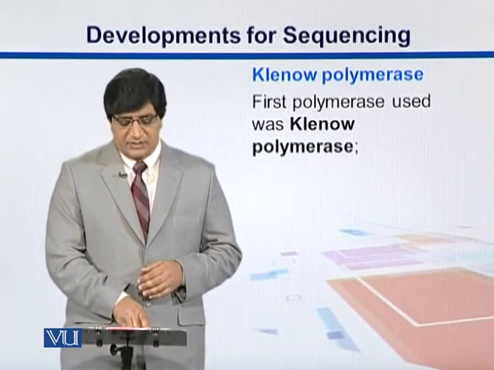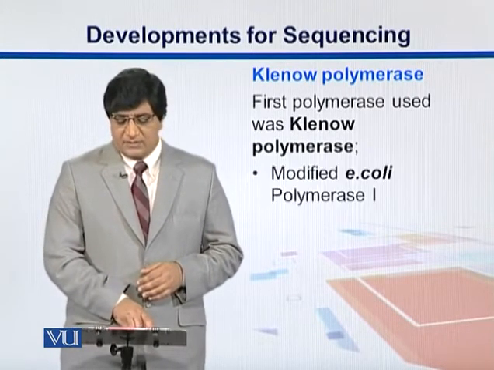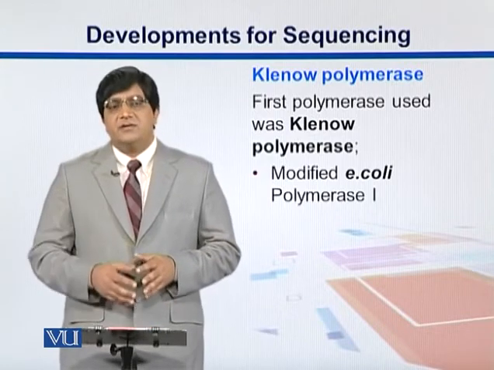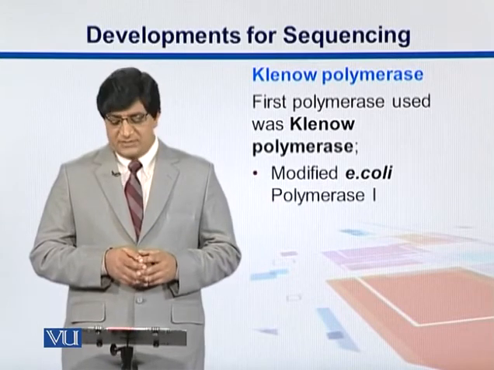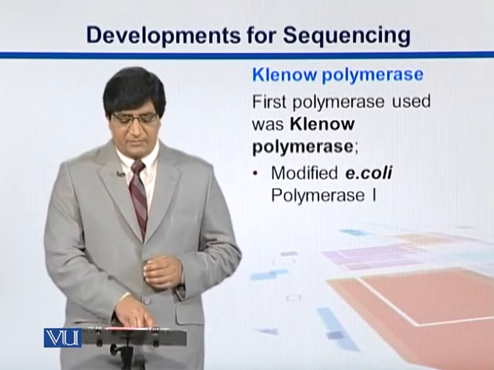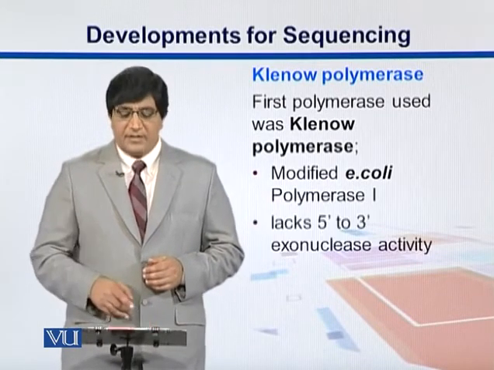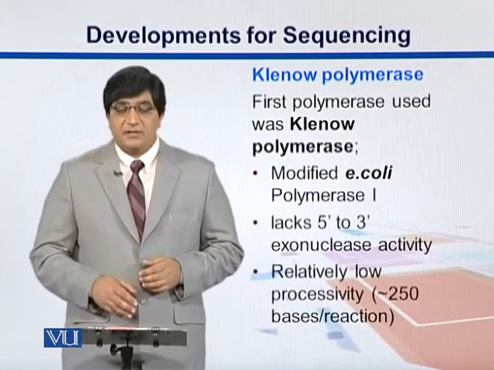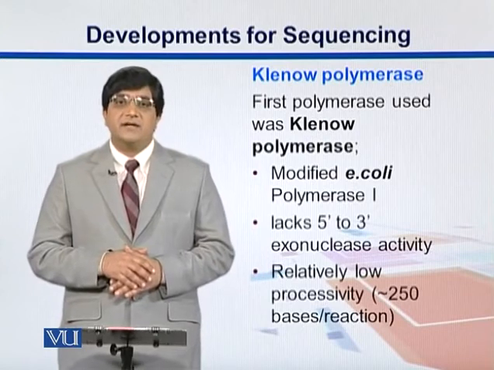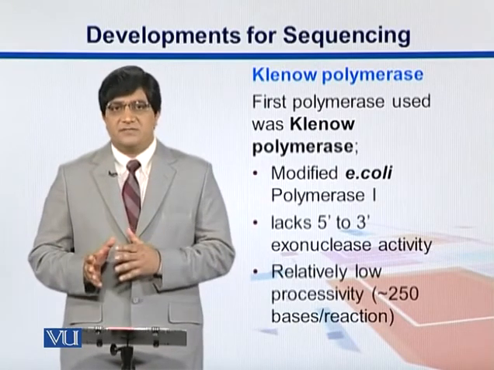That is used in sequencing. Basically, Klenow is derived from E. coli. It is a modified DNA polymerase 1, and it lacks that 5 prime to 3 prime exonuclease activity. But the issue is that it has a relatively low processivity.